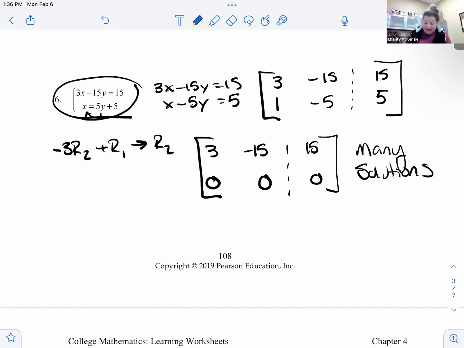So we're going to let y equal t. Bear with me. Y is t. So I'm going to take this one because it looks like the easiest one to work with. And we're going to put the t in for y so that it goes x equals 5t plus 5.